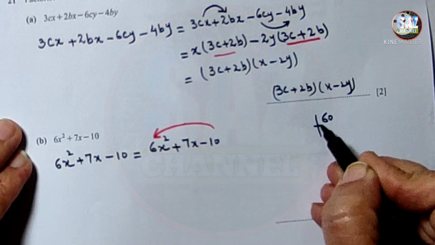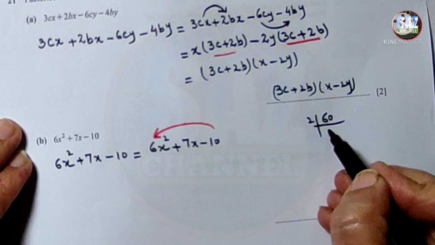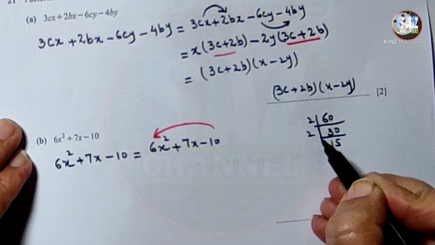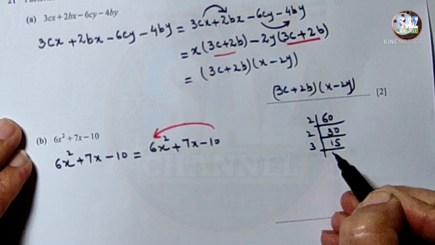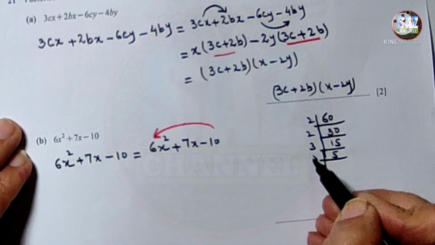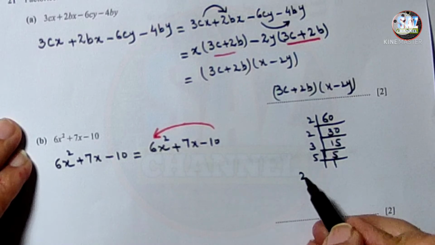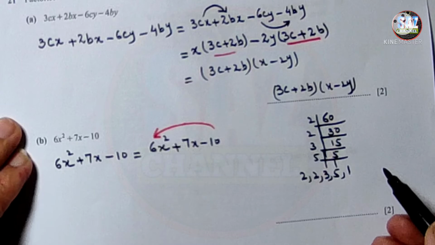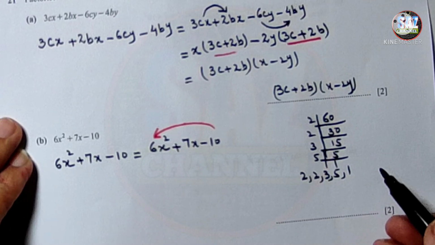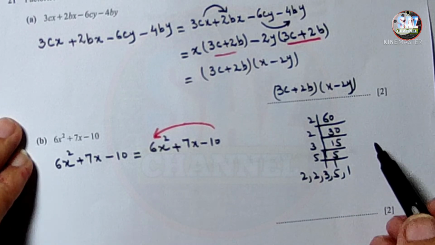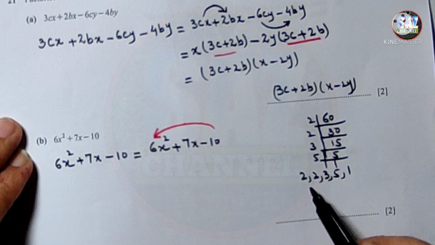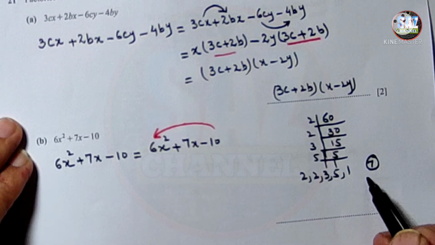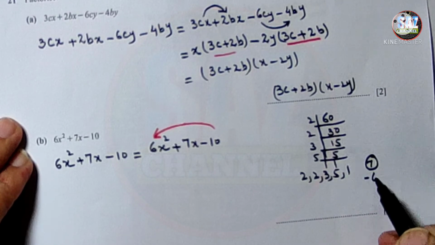I have to make the prime factors of 60: 2 and 30, 2 and 15, 3 and 5, and 5 and 1. Now look, I write all the factors 2, 2, 3, 5 and 1 in one line, and make only 2 numbers out of these factors in such a way that when I add or subtract I get 7, and when I multiply I get minus 60.